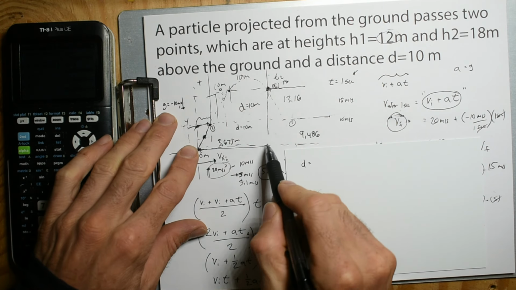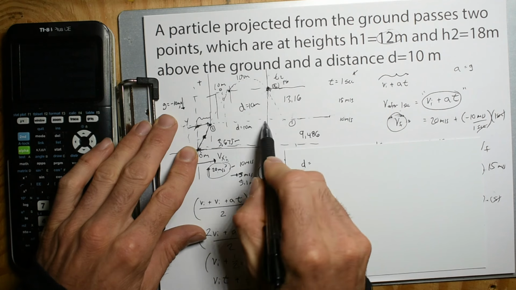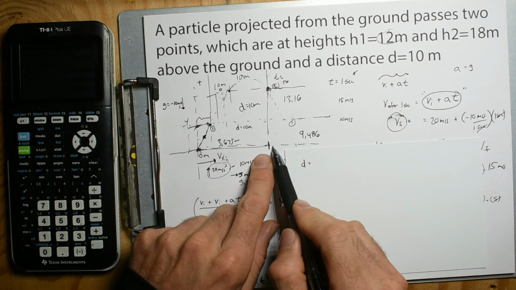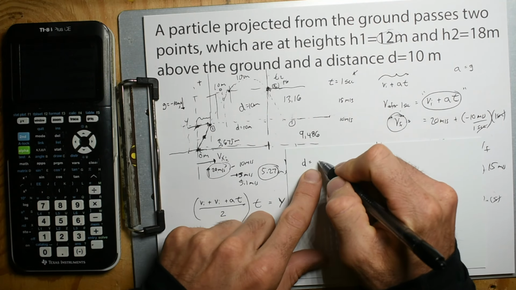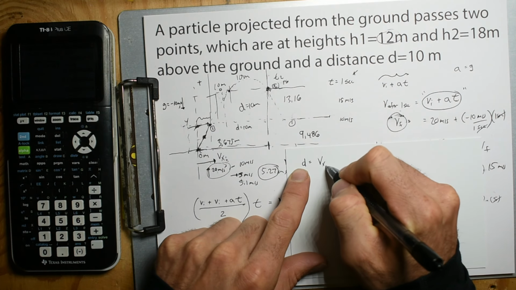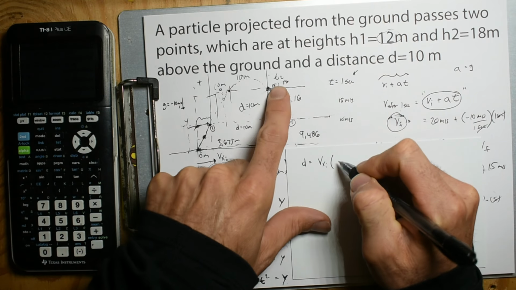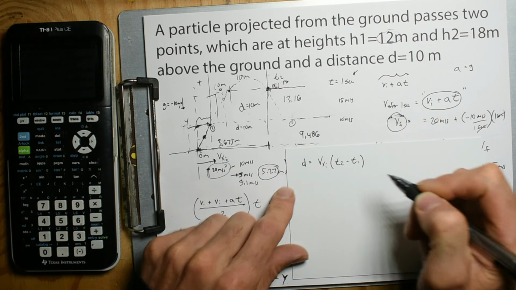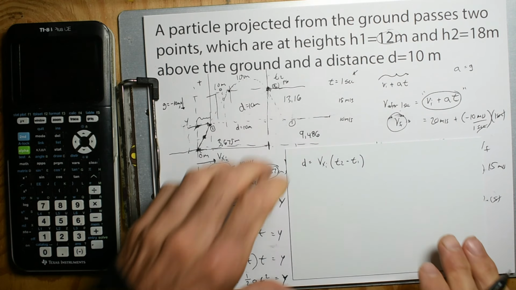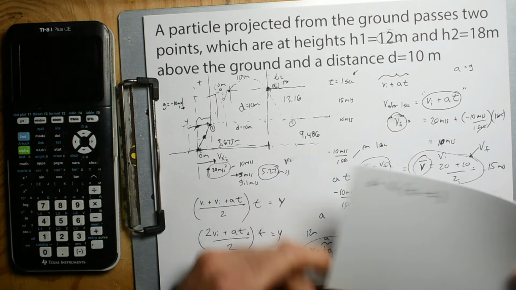That gives me this distance out here. If I want to find the distance between these 2 points, I take this distance minus this distance. It's the difference. So this is going to be the equation of the velocity initial times the difference between the 2 times, time 2 minus time 1. Cool.